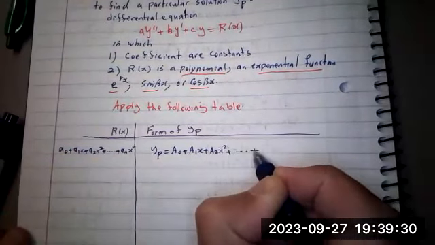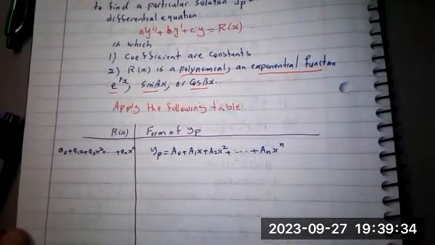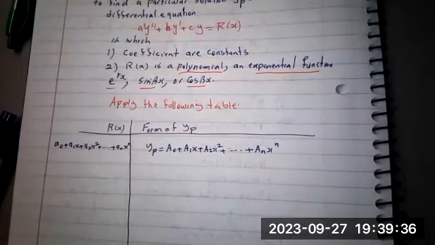You keep going, depends on the power of the given polynomial. So that would be the form of type 1. If it's a polynomial of first degree, you write a general polynomial of the first degree. The given one, the coefficients are given to you. But the one that you propose, you have to find the coefficients yourself. So you call it YP, then you go to the equation to find it.